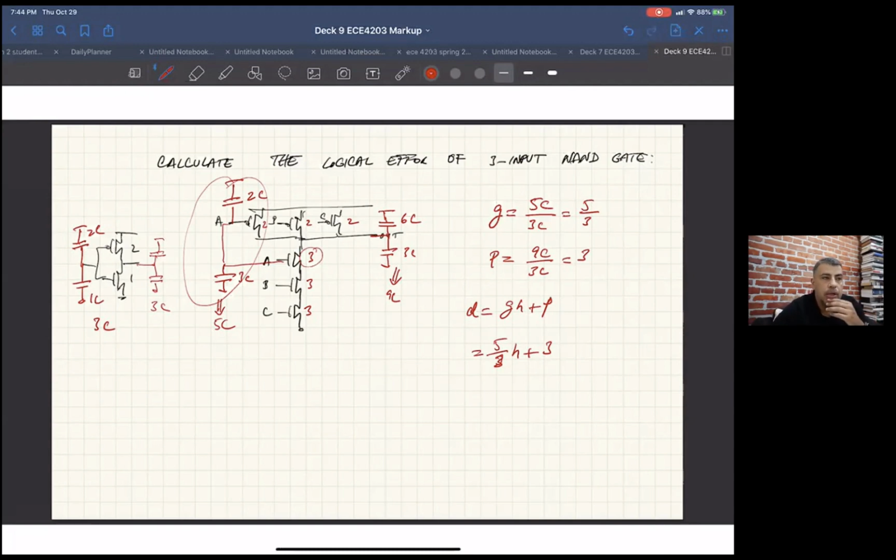Right now we're just deriving D versus H for different gates. So you can see, for example, a 3-input NAND is slower than a NAND 2, which is slower than an inverter, and you know by how much. Okay, yeah, that makes sense.